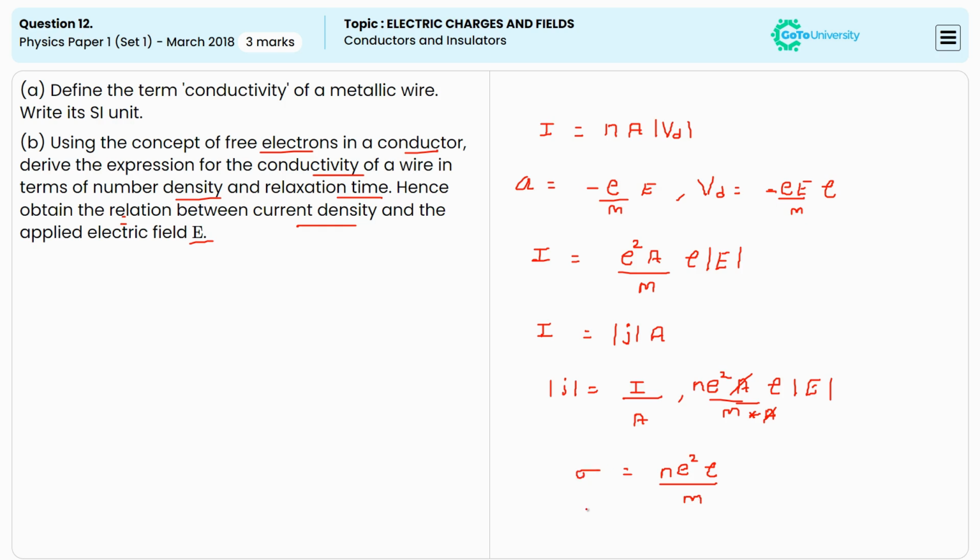Then the current density J we can write in terms of conductivity, that is sigma into electric field E. So this is the relationship between the current density and the electric field.